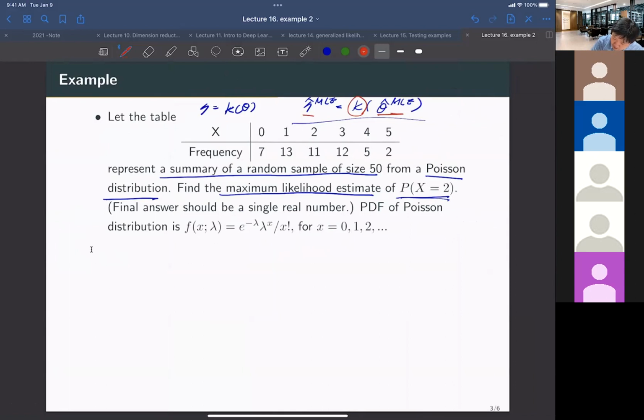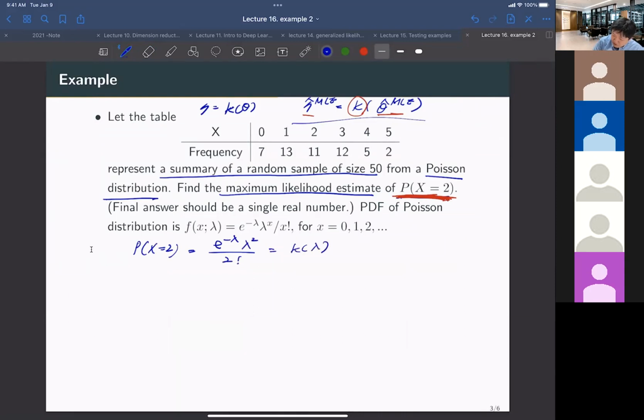And if you look at the question, the final goal is to estimate this. So let's rewrite this in terms of the parameter that is familiar to us. The PDF is e to the minus lambda, lambda to the x over x factorial. It's definitely a function of the parameter.